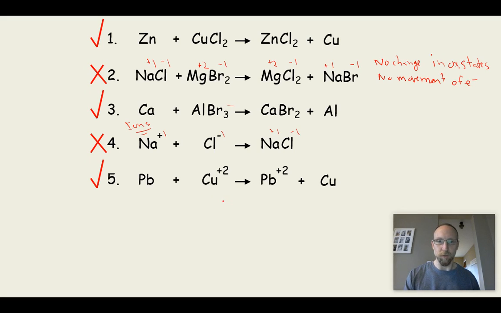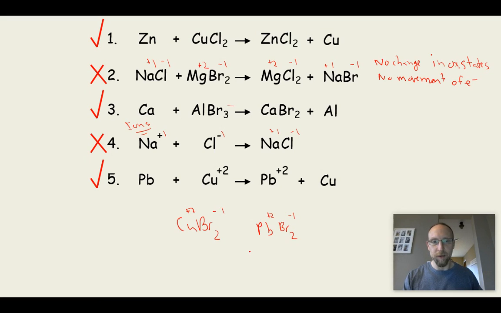Say it were, I don't know, bromine, CuBr2, right? Then copper would be +2, bromine is -1. And if this one were PbBr2, +2, -1. You notice bromine's oxidation state isn't changing.